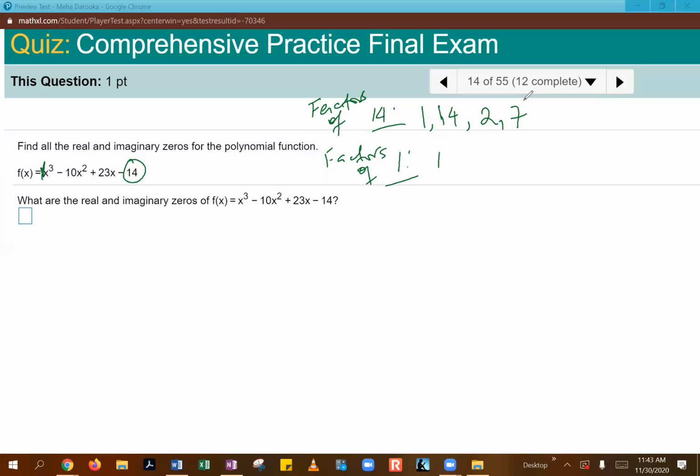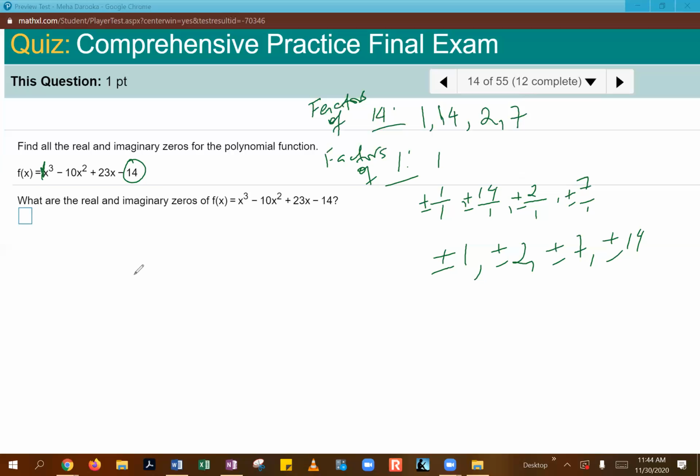So you would end up with 1 divided by 1, 14 divided by 1, 2 divided by 1, or 7 divided by 1, but we have to take into consideration positive and negative. I always start with 1 because if any of those numbers will work, it's always going to make your life easier.